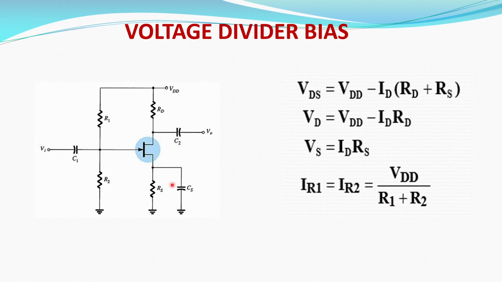And we can write the gate voltage VG equal to VDD into R2 divided by R1 plus R2. So this is the voltage and current equation, and the output drain to source voltage equation. This is the main thing we are calculating in the voltage divider bias circuit, that is VDS.